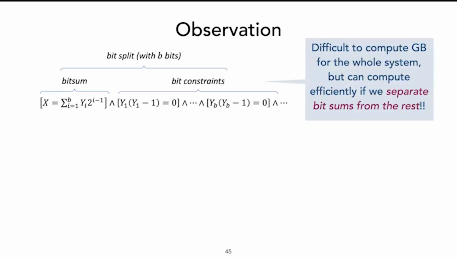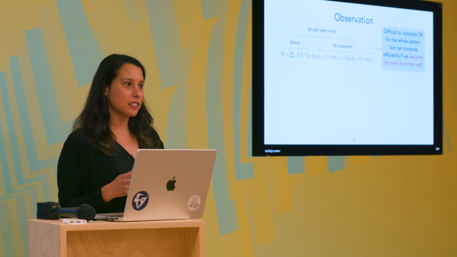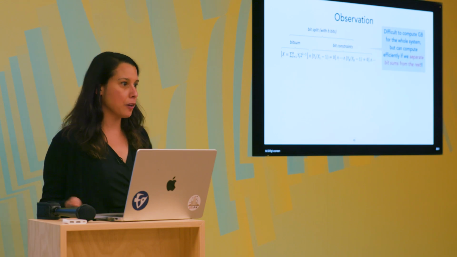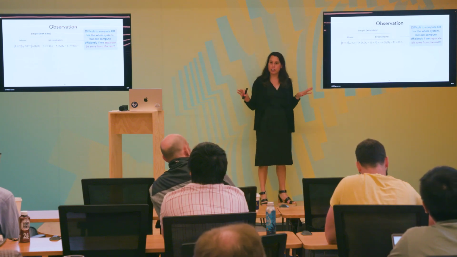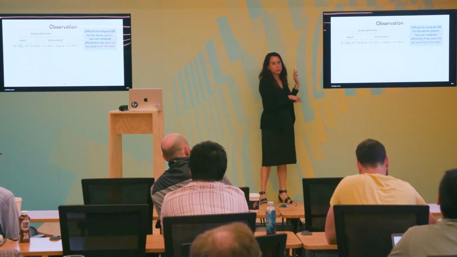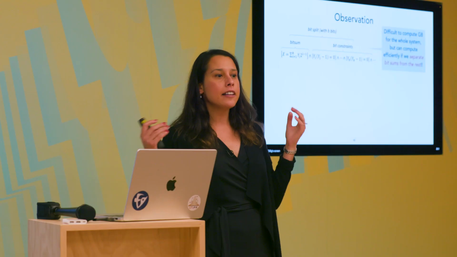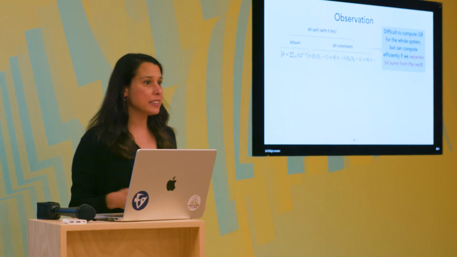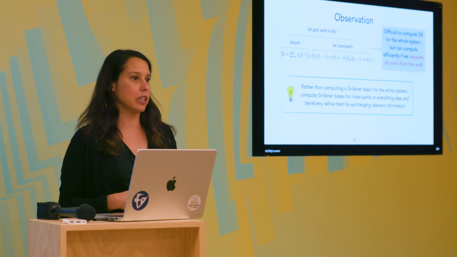Now, here's the important part. If I give you the entire constraint system, it turns out to be difficult to compute a full Grobner basis for the whole system. But you can compute it efficiently if you separate some parts of the constraint from the other. In particular, if you isolate these bit sums, along with the linear stuff, from all the other nonlinear stuff, then computing a Grobner basis for each of those in isolation turns out to be very practical.